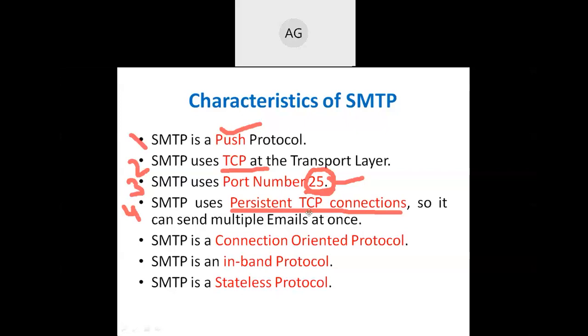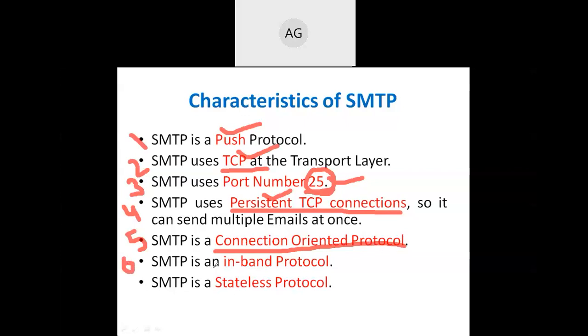So basically, SMTP uses the persistent type of TCP connection. The next characteristic is SMTP is a connection oriented protocol. All the protocols which are connection oriented basically use the TCP. As SMTP uses the TCP, that's why it is a connection oriented protocol.